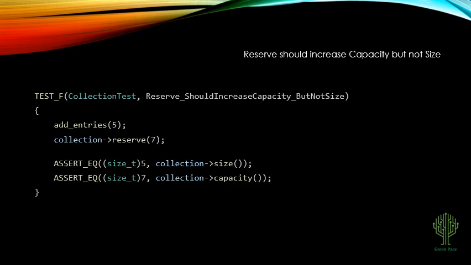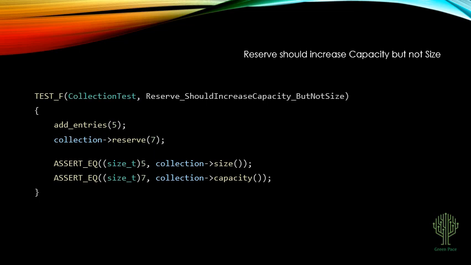Reserve should increase capacity but not size. The reserve method, when called with the value of 7, should increase the capacity of the collection to 7, but the size of the collection should remain at 5.